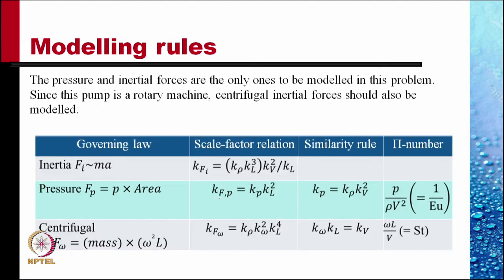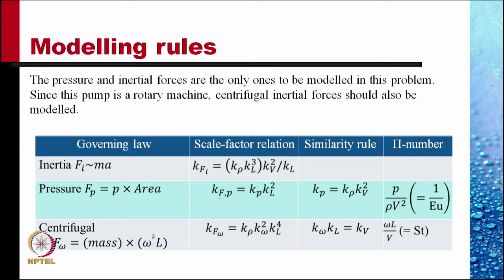We organize our calculation in this manner. The governing law for inertia is inertial force is equal to ma, and we plug in the scale factors of mass and acceleration to obtain the scale factor for our inertial force as k rho kl cubed for mass, and for acceleration kv square divided by kl.